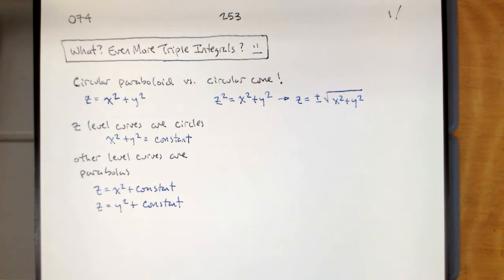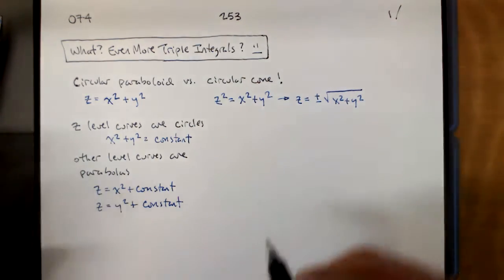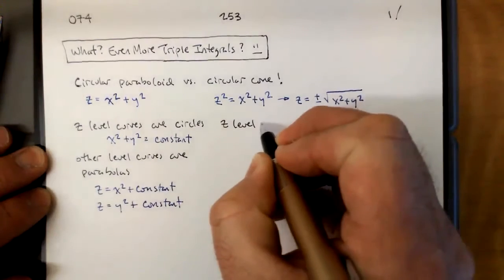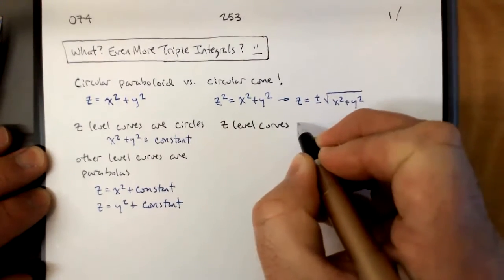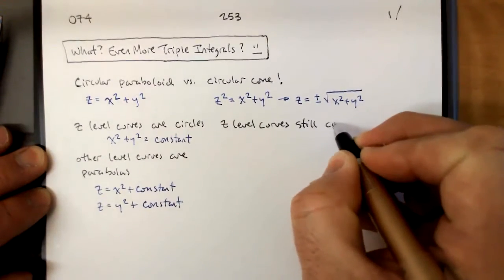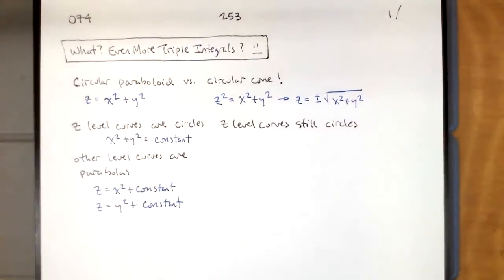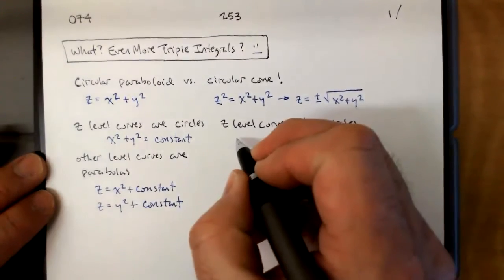In this case, our z level curves are still circles, even though z equals plus or minus the square root.